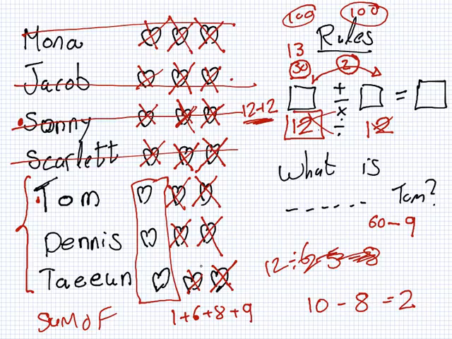What is 60 by 75? I don't know. Yeah, that was a hard one. Okay, you have to concentrate. Down to Tom and Dennis now. Go ahead, Tom.